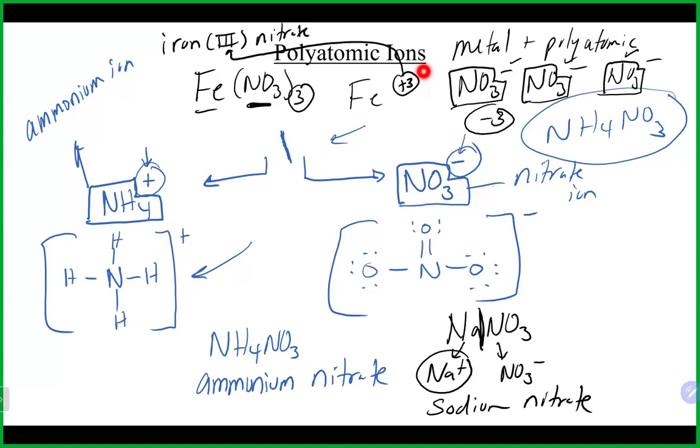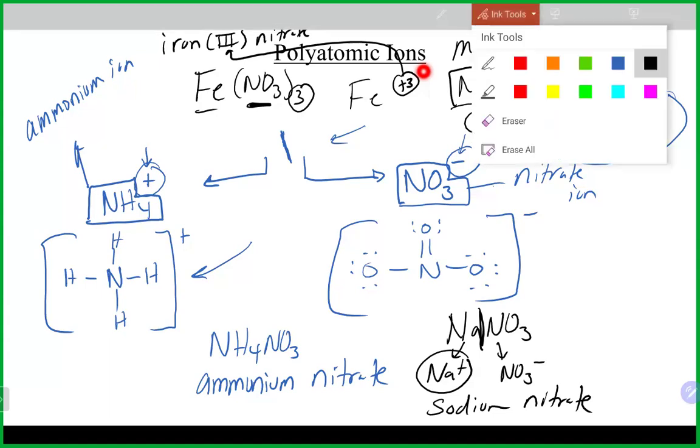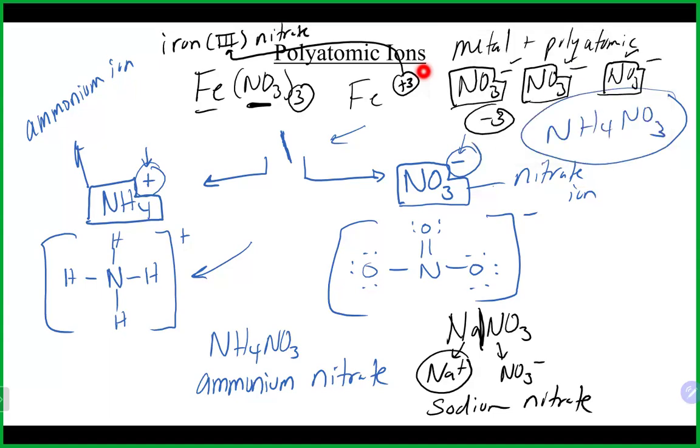By the way, what other thing did I do when I wrote the formula for that Fe(NO3)3? What is around the NO3? Parentheses. And whenever you write a formula that has more than 1 polyatomic ion, you need parentheses. That is because if I did not write the parentheses and I wrote it like this, what does that mean?